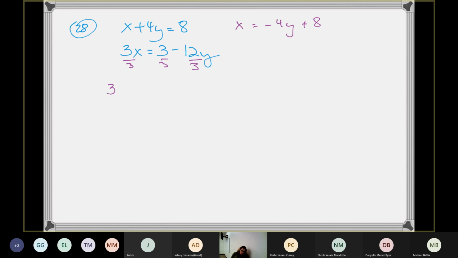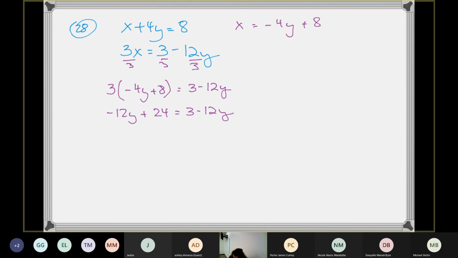Well, I'm going to go with a little bit more work right now. Negative 4y plus 8 equals 3 minus 12y. Okay, negative 12y plus 24 equals 3 minus 12y.